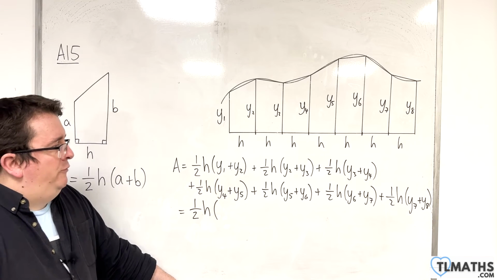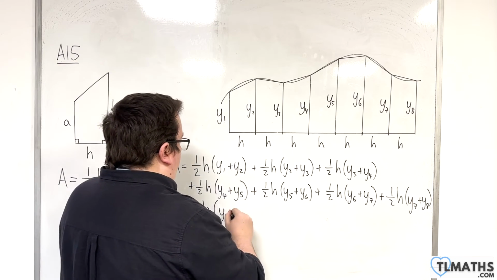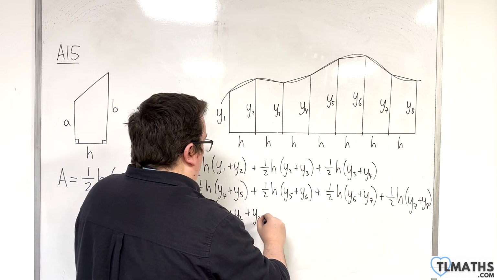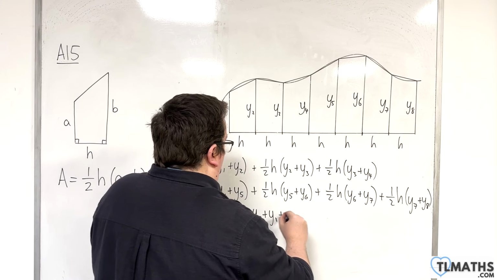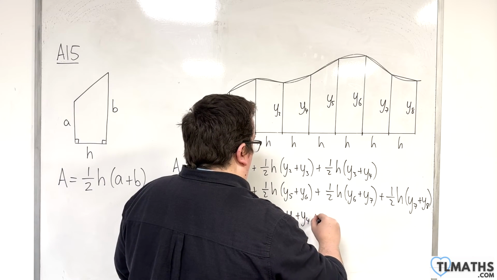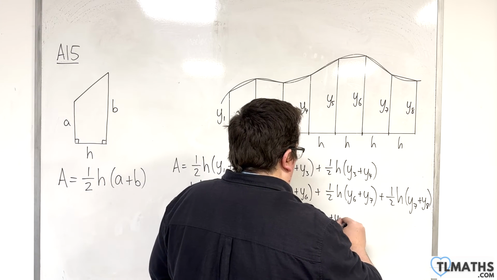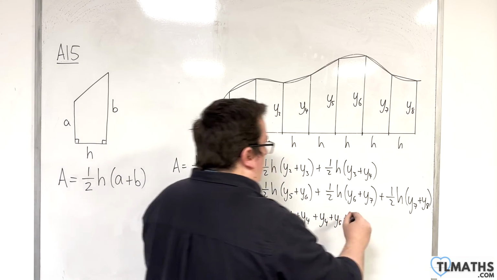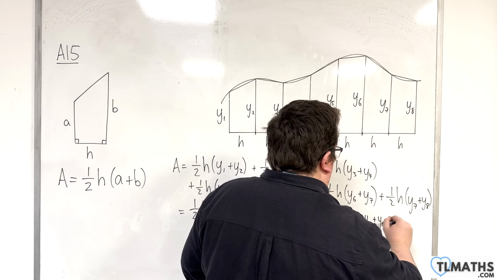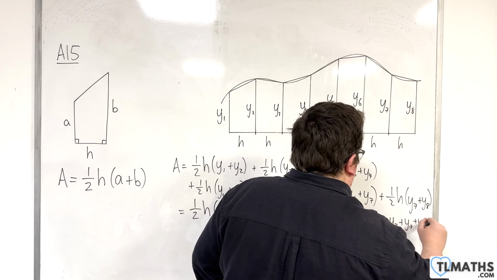And then what you'd be left with is y1 plus y2. Then you'd have y2 plus y3. Then you'd have y3 plus y4. Then you'd have y4 plus y5. Then you'd have y5 plus y6. Then y6 plus y7. Then y7 plus y8.